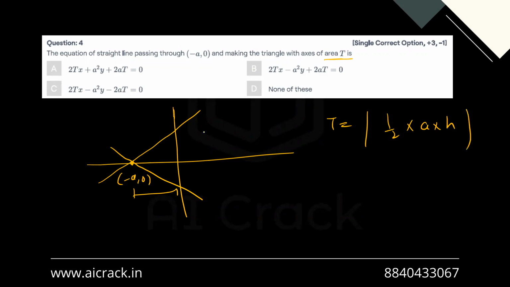Height is either this one or this one, right? So we get h equals plus minus 2t by a. We have got this coordinate or we have got this coordinate. So if this is the case, we have got 0 comma 2t by a, and if this is the negative case, we have got 0 comma minus 2t by a.